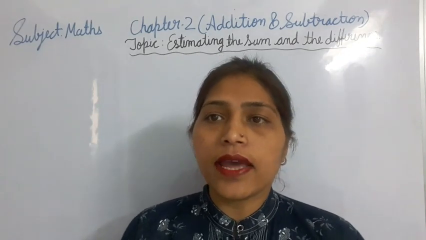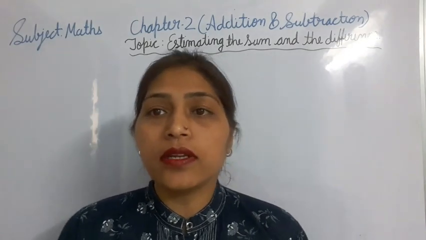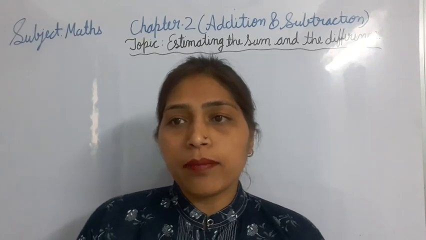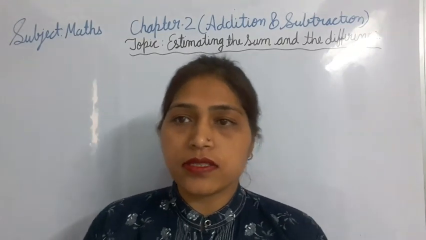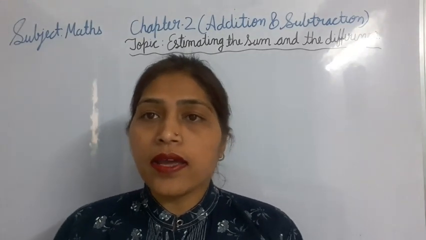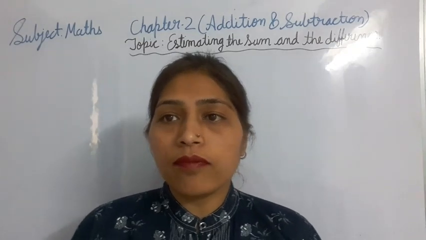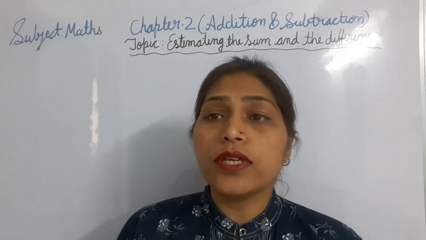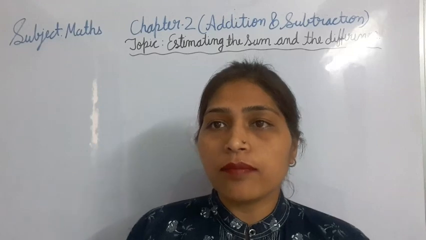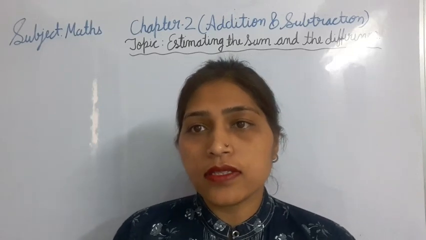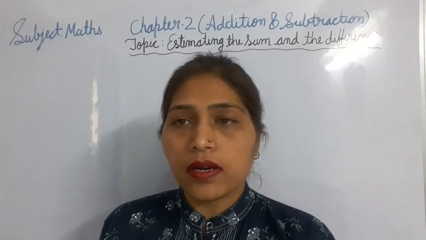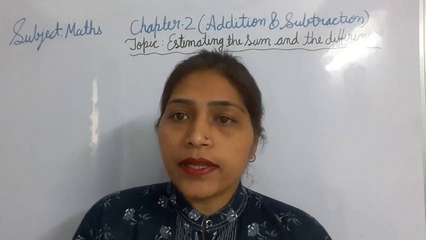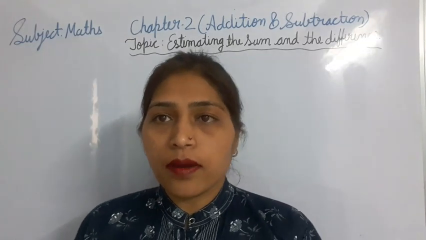You will not tell the exact number, you will tell them the rounded figure. Maybe it is 70 or maybe it is 60. You tell it in rounding off because it is easy for you to calculate the sum and to take out the difference. So estimation helps us make the calculation easy.